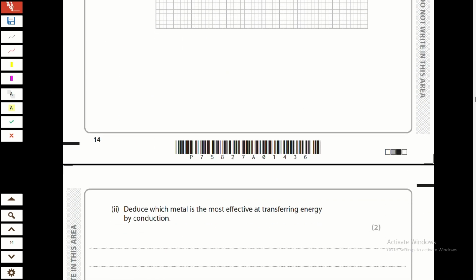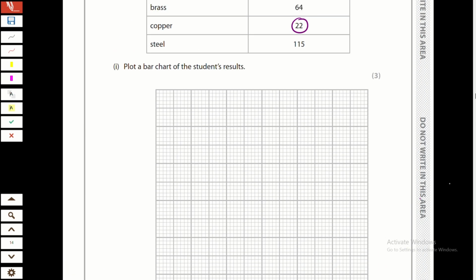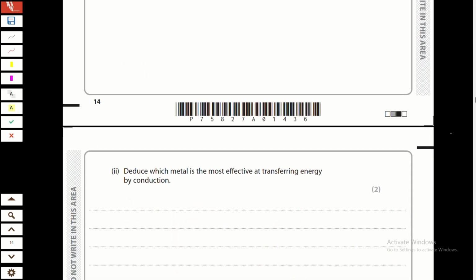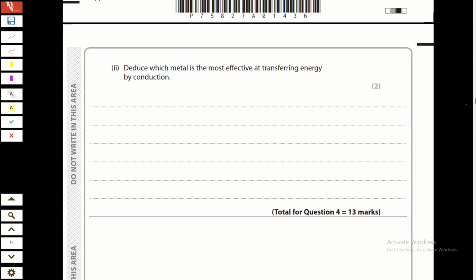In other words, copper is the most effective at transferring energy by conduction, because transferring heat energy from the bottom to the top of copper requires the shortest period of time. So the answer would be copper.